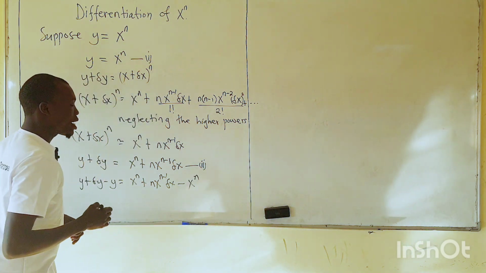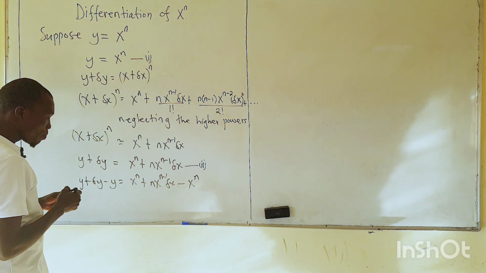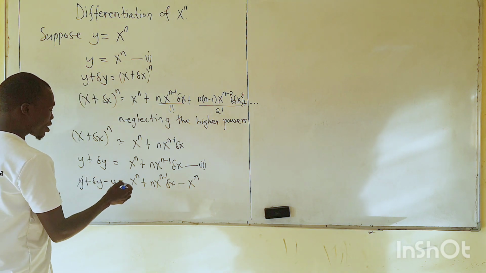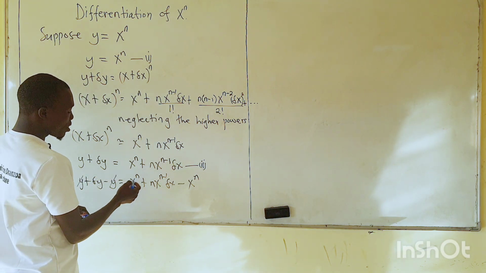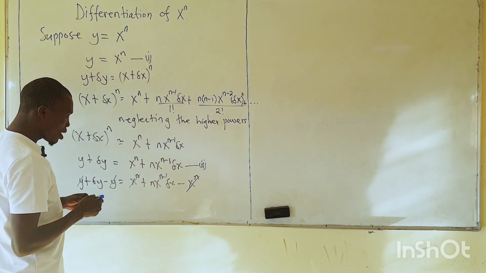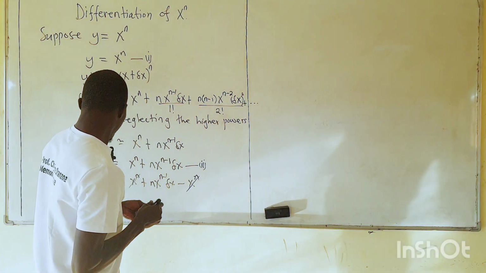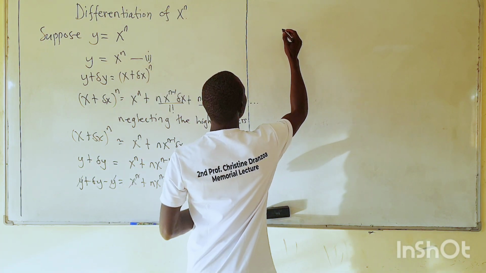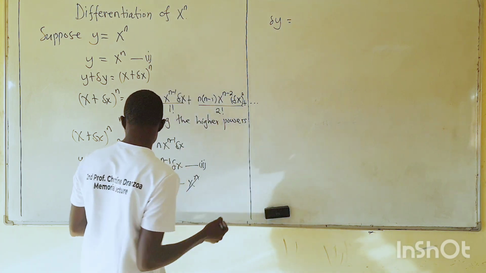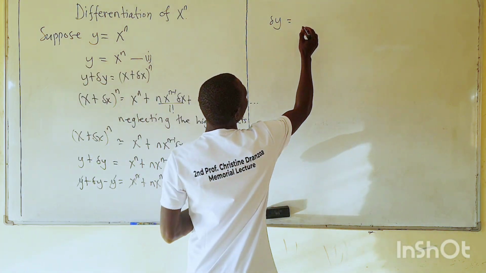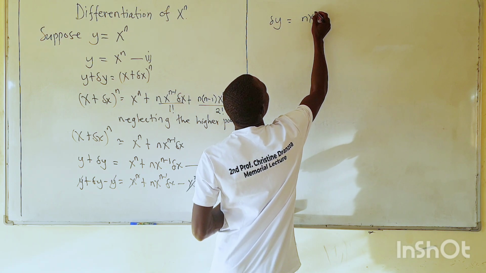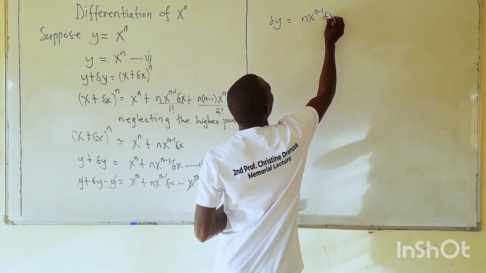We shall see that this y cancels out with this negative y, then this x^n will cancel with this negative x^n. So our equation now will become delta y is equal to what has remained here, n into x^(n-1) delta x.